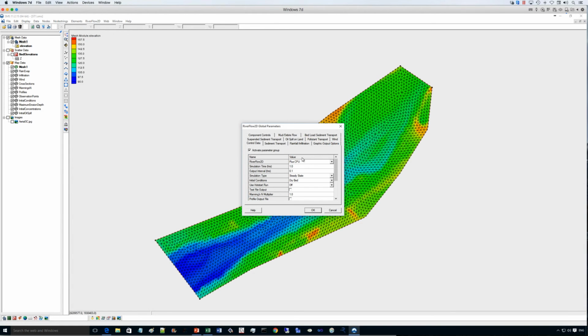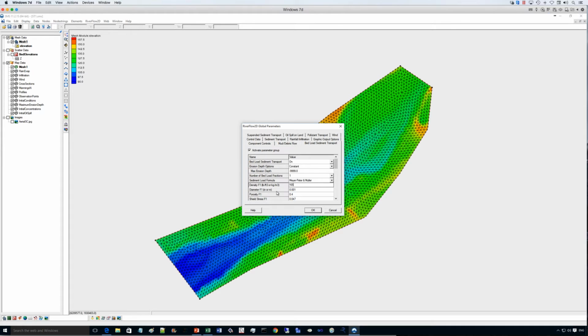I will change the global parameters here. I will add bed load sediment transport. So I will use only one fraction for this example. I'm using here the Meyer-Peter-Mueller formulation. The sediment density, in this case in English units, is 165 pounds per cubic foot.